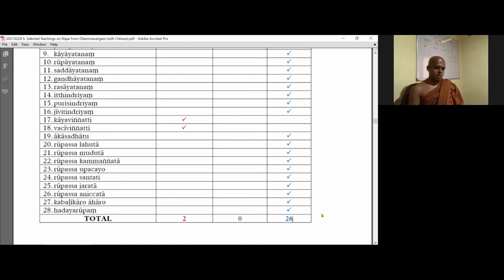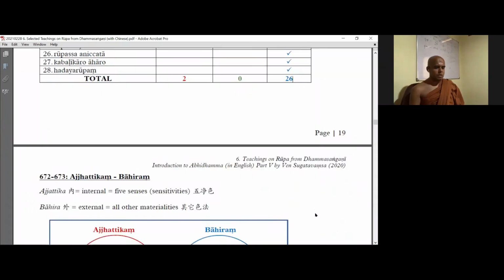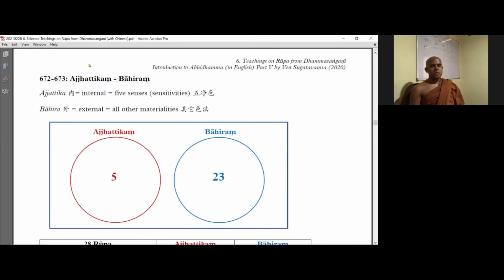About the next explanation, according to the Dhammasangani, they classified the rupa into Ajjattika group: Ajjatta and Bahiddha. Ajjatta is internal rupa, Bahira is external.